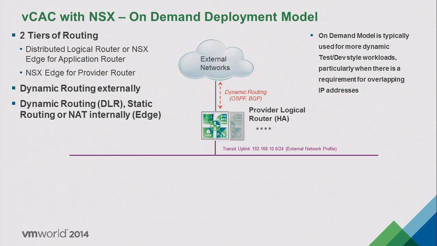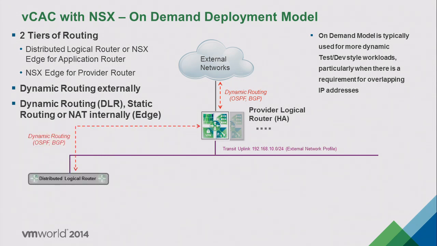We can set up dynamic routing between our provider router and our external networks. And then the last step is we would also pre-configure a distributed logical router and enable dynamic routing there as well. So at that point, we've finished the one-time preparation, and now we can start consuming network services.